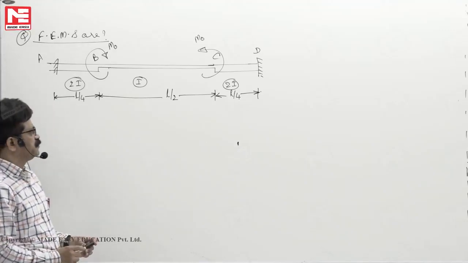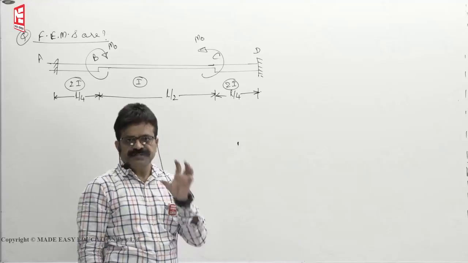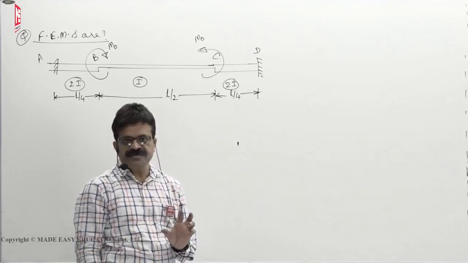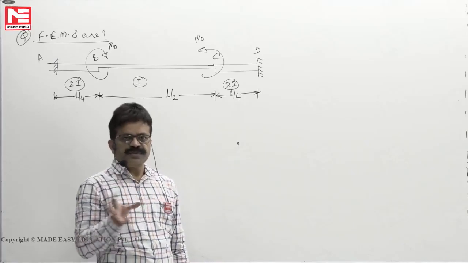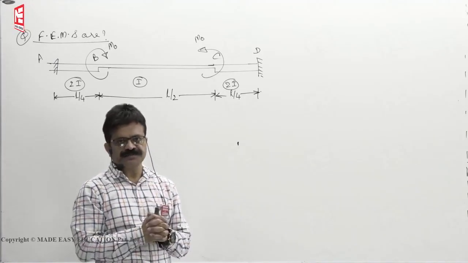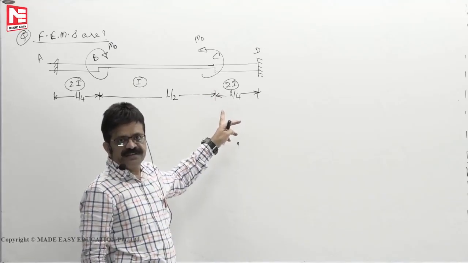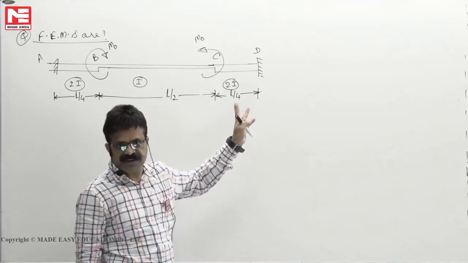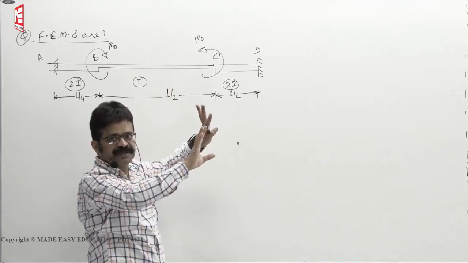In the trusses chapter, I gave you one point. If a statically determinate structure is subjected to a system of forces which are already in equilibrium, support reactions are 0. Now, this is not a statically determinate structure, it is a statically indeterminate structure subjected to a system of forces which are already in equilibrium.